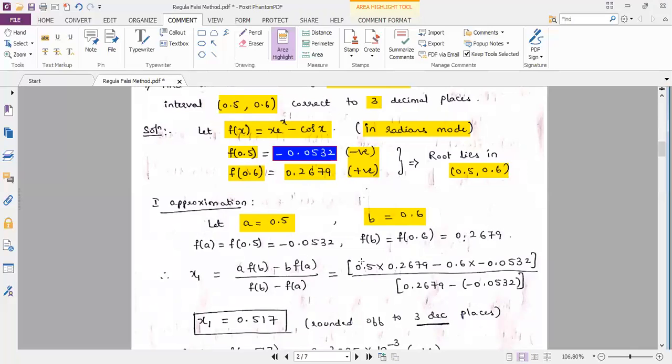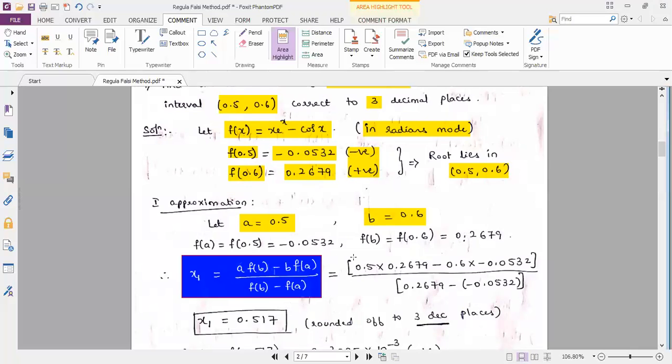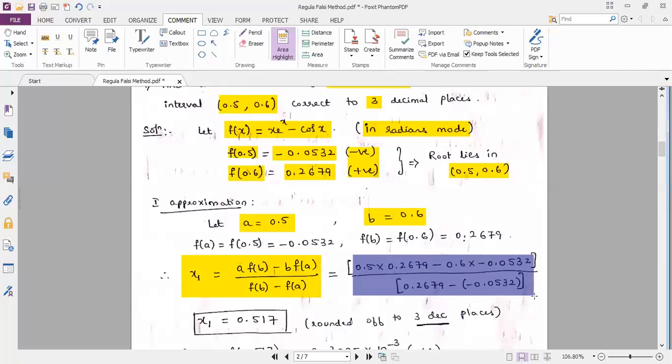Substituting these values in the regula-falsi formula, the first approximation is denoted by x1. Formula: a f of b minus b f of a, the whole divided by f of b minus f of a. Substituting all the values a, b, f of a and f of b in the regula-falsi formula and evaluating using a calculator, we obtain the first approximation as x1 is equal to 0.517.